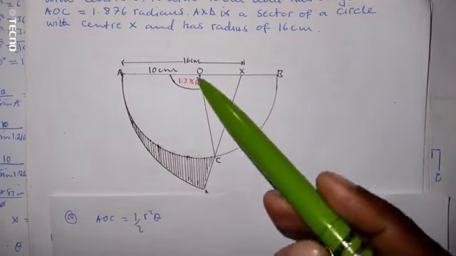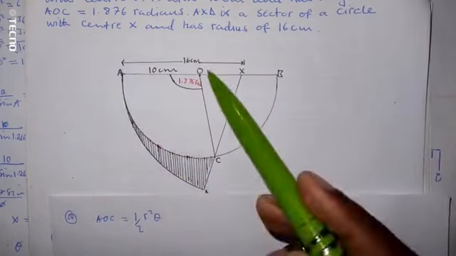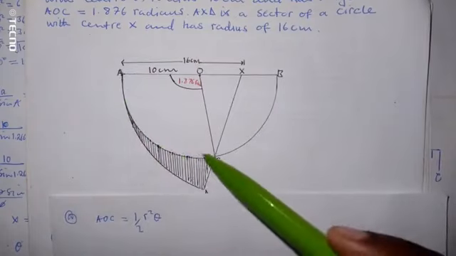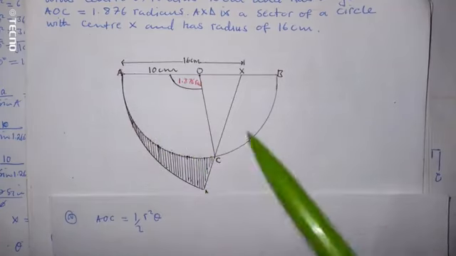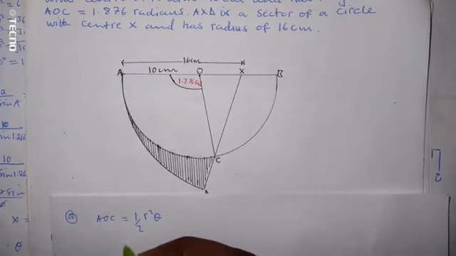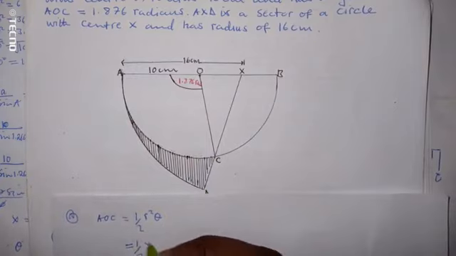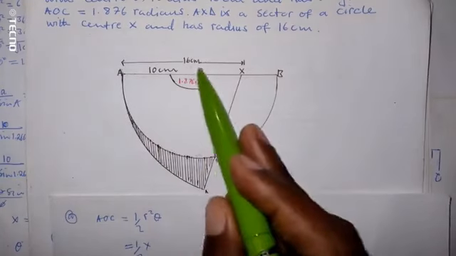So here the angle, AOC, is this sector that we want to answer. So we'll say this one, then our radius is 10.